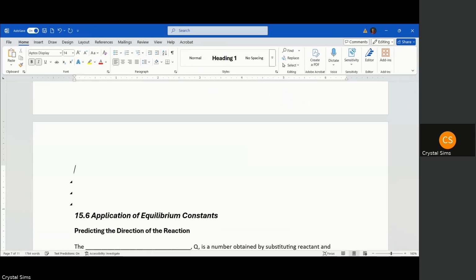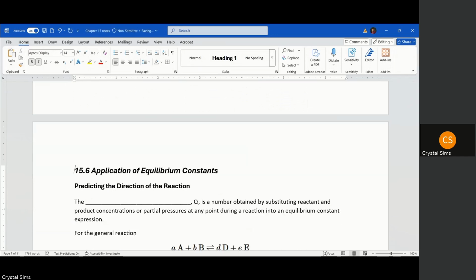Now, the next thing that we're going to look at is application of the equilibrium constant. So what does it all mean? What can we use this equilibrium constant for? The equilibrium constant is going to do a couple of things for us.